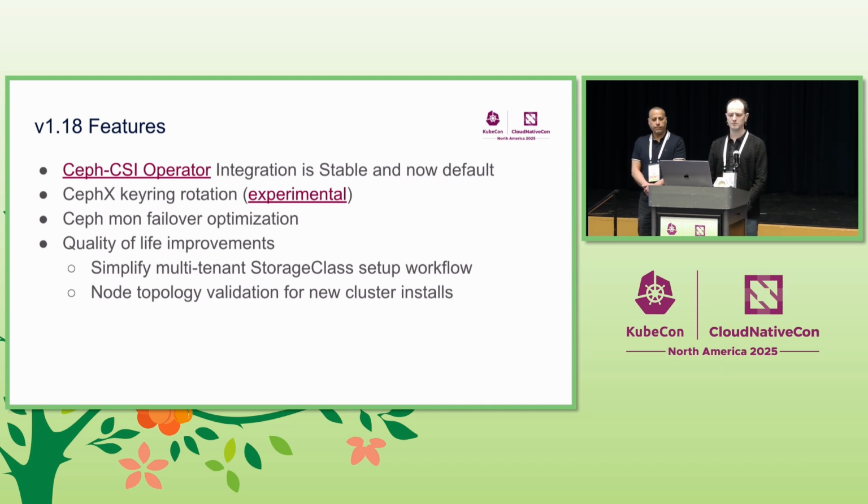We have some optimizations for Mon failover to help that happen more quickly. Mons are vaguely equivalent to etcd in the Kubernetes space. And then just some quality of life improvements for multi-tenancy and some validation to help make sure that you're setting up node topology correctly.